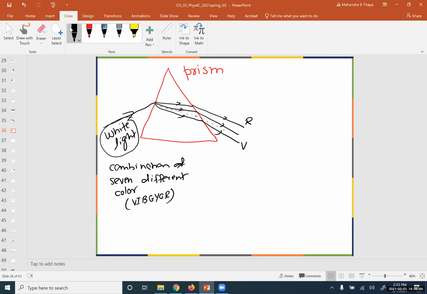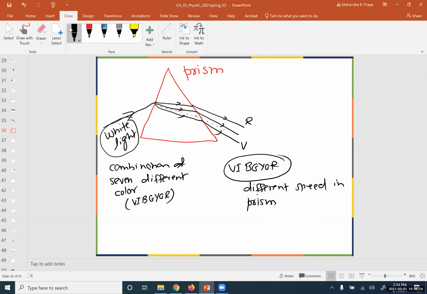When white light passes through different media, these 7 colors, V, I, B, G, Y, O, R, have different speeds in the prism.